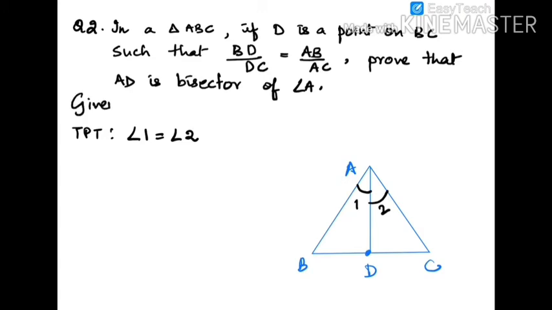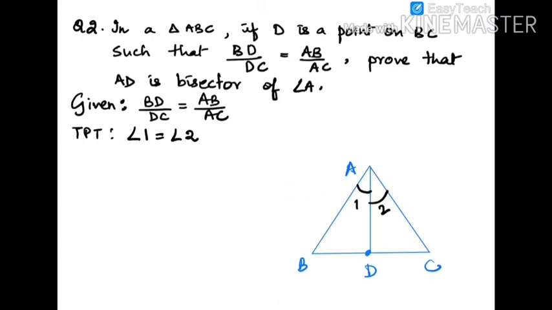What is given in the question? BD upon DC is equal to AB upon AC. Notice that in the figure, we do not have a line that cuts two sides of a triangle. This means we cannot apply basic proportionality theorem.